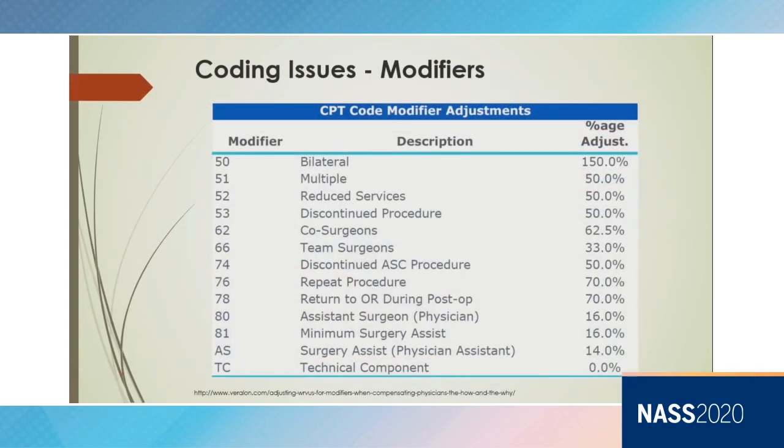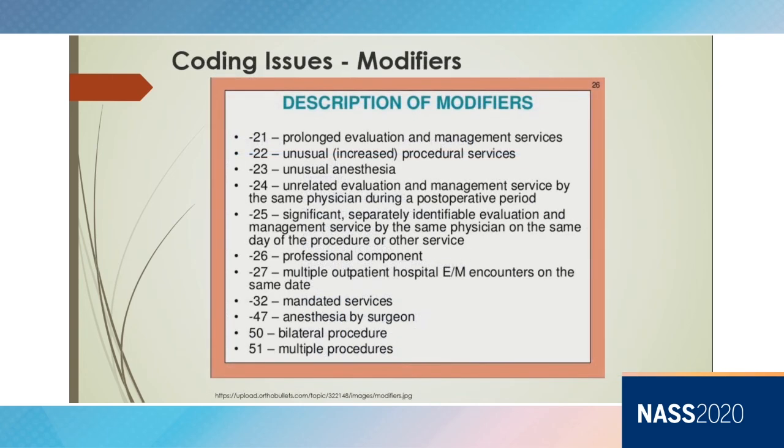Speaking of modifiers, here's a list of modifiers. When you're using a bilateral, you might use modifier 50. Oftentimes, modifier 51 is used to represent multiple levels that are operated on. There are all sorts of other things here that you could look over that make common sense, anything from an aborted procedure to a staged procedure to a return to the OR for something unrelated to the incident procedure. But modifier 22 is the unusual procedure code.